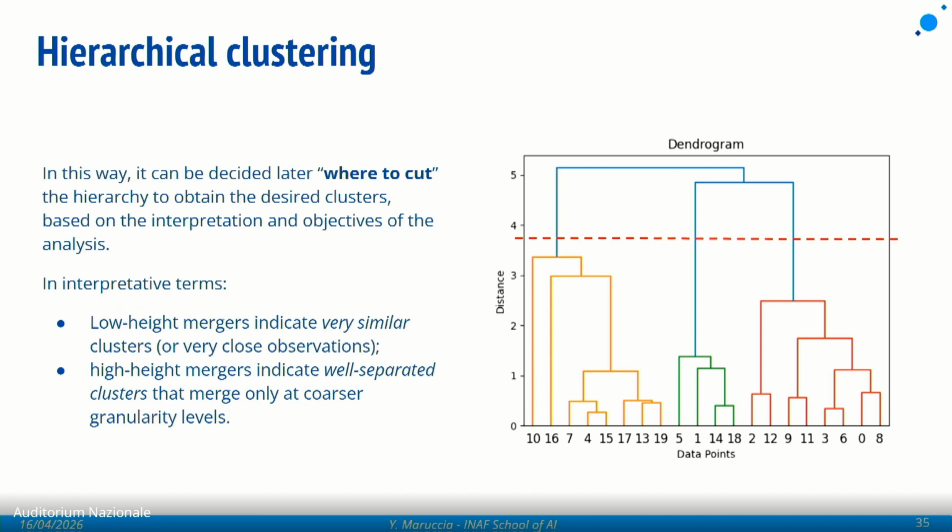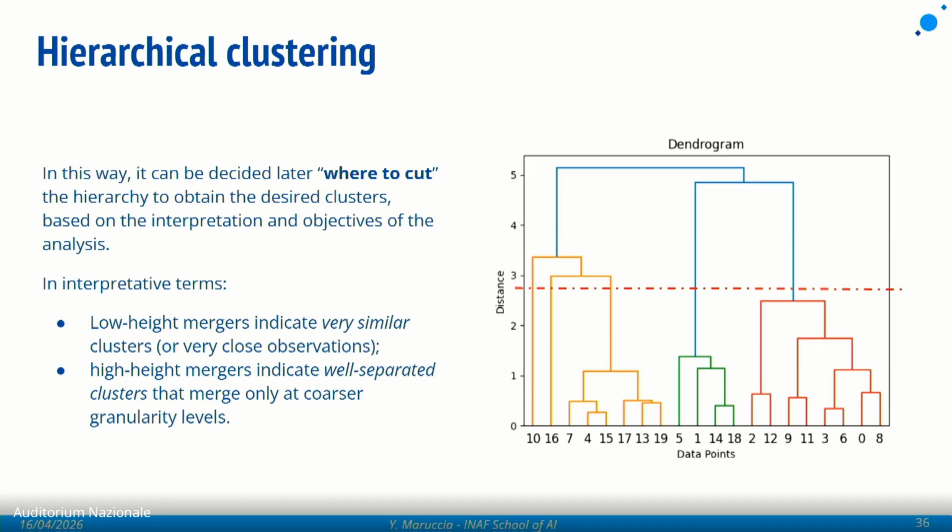At the end, we need to understand where to cut the hierarchy to obtain the desired clusters, because, as in this case, if we set the line at 4 point something or 3 point something, then we have only 3 clusters selected within our model.